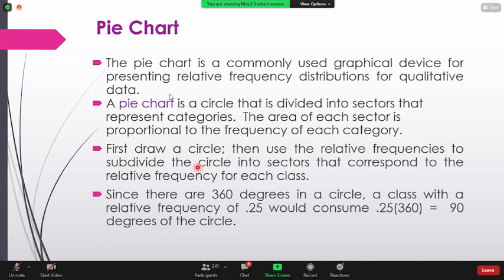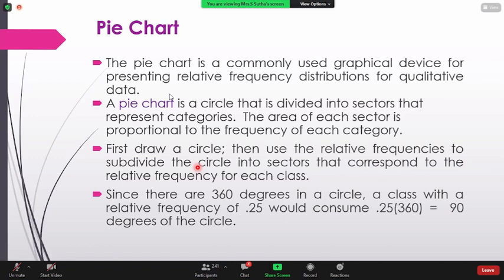The pie chart is a circle that is divided into sectors that represent categories. The area of each sector is proportional to the frequency of each category, proportional to the total frequency.